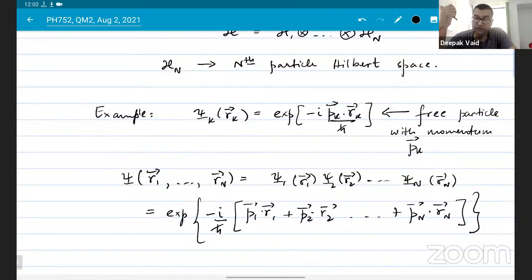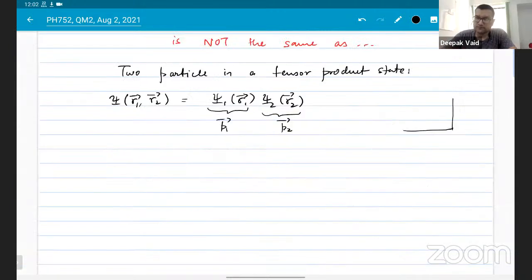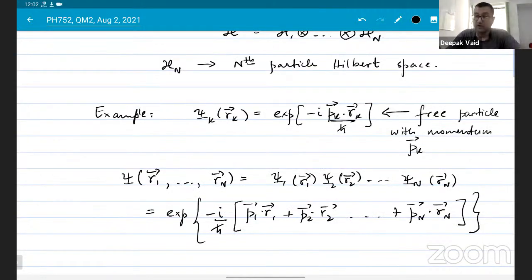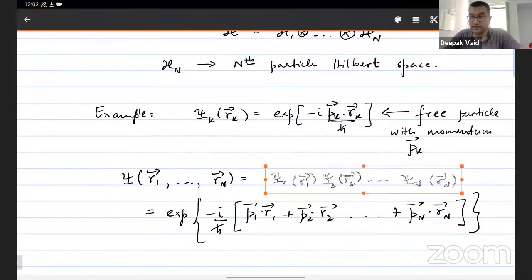For the positive case, you say that your particles are bosons. For the negative case, you say your particles are fermions. I will mention that in a later class in more detail. For now, in case you have been thinking about it, I don't want you to worry too much about the fact that I'm writing these tensor products, because if you have fermions, then you have to anti-symmetrize.